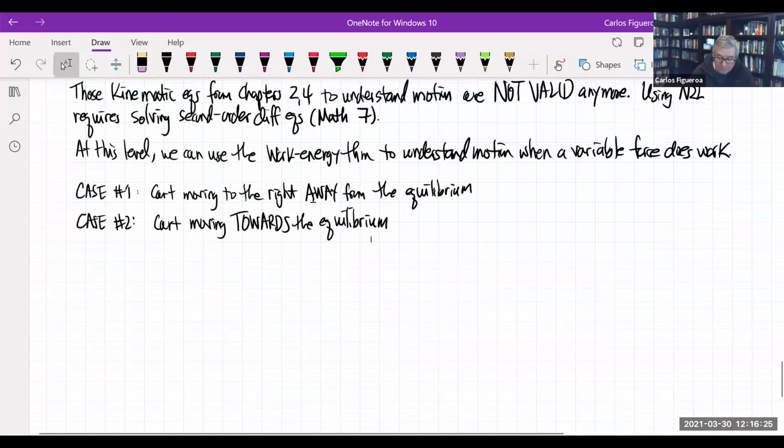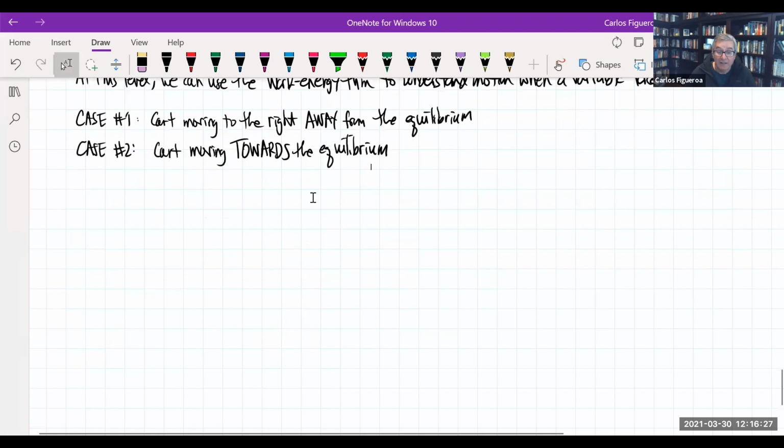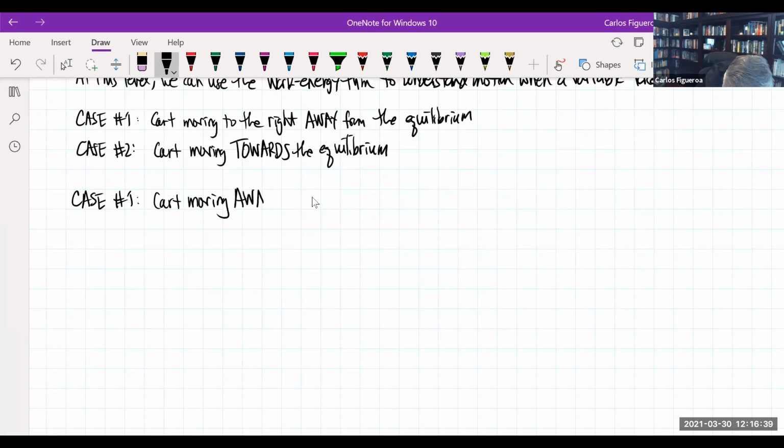So here we go. So here's case number one. And this is cart moving away from equilibrium. So what I want to do here is set up a series of carts.